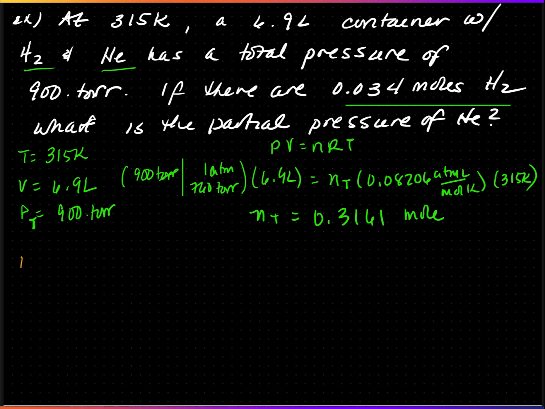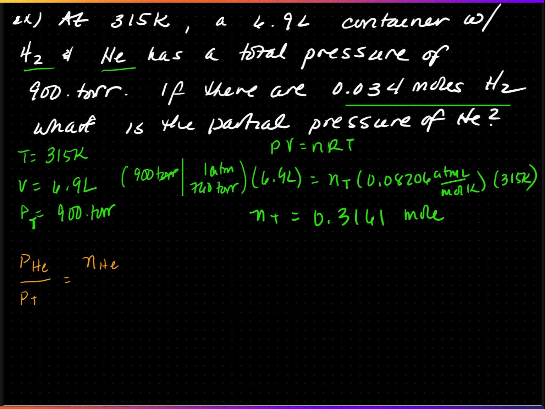Next, I know the partial pressure we're looking for is helium. This is over the total pressure. This is equal to the moles of helium over the total moles. To find the partial pressure of helium, we need to use the moles of helium.